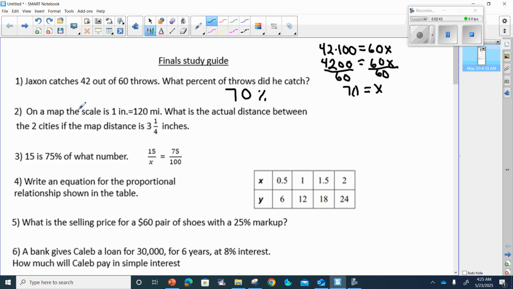Number 2 says, on a map, the scale is 1 inch equals 120 miles. What's the actual distance between the two cities if the map's distance is 3 1/4 inch? Well, on this one we can say we've got 1 inch is equal to 120 miles.